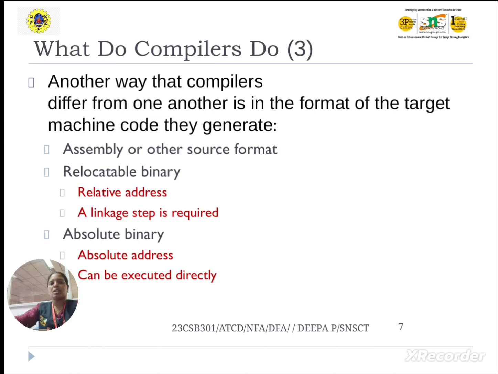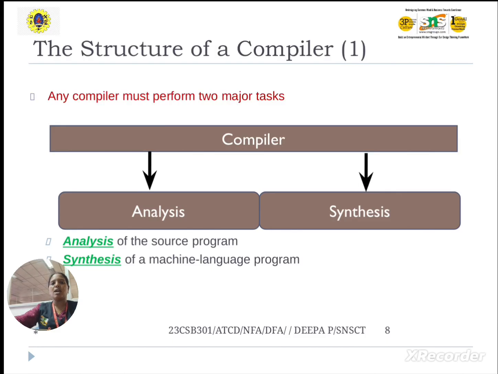In terms of structure, we can call them the analysis phase and the synthesis phase. The analysis phase covers the analysis of the source code, and the synthesis phase produces the machine language of the program.